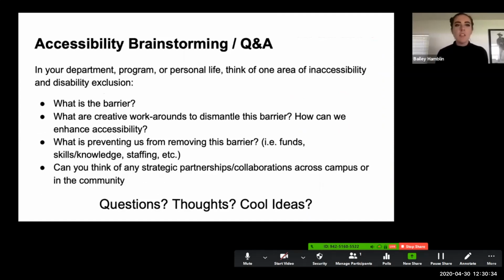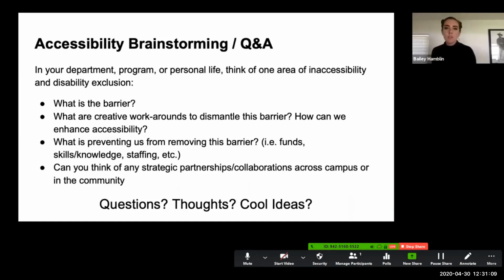So whether you want to do this activity thinking about your personal life or perhaps your individual department at Cal Poly or a specific program that you're working on, or a specific class that you're in or teaching, I thought it would be great if folks could brainstorm an inclusion and accessibility barrier that already exists. And then brainstorm a creative workaround to dismantling this barrier. How can you enhance accessibility? That could be speaking to anything on the past slides, more tangible things you can implement.